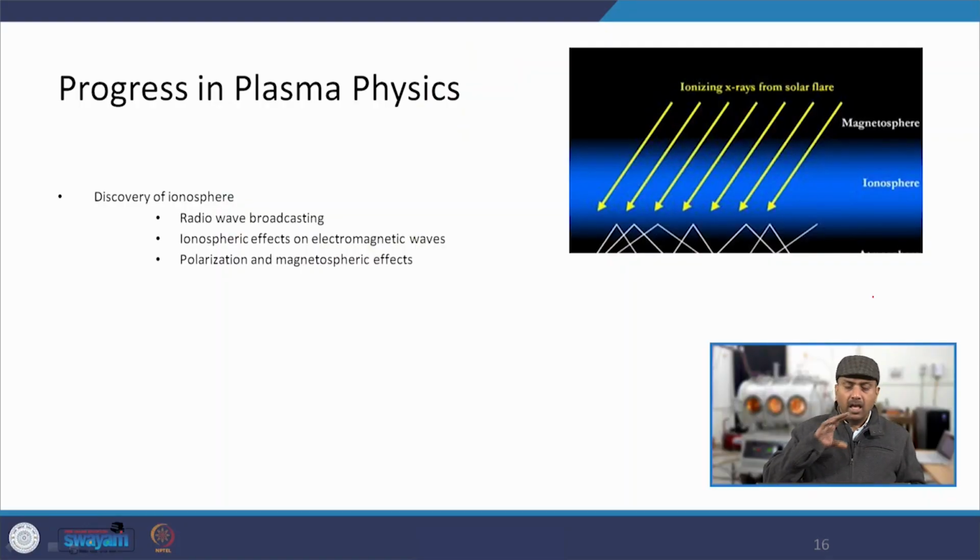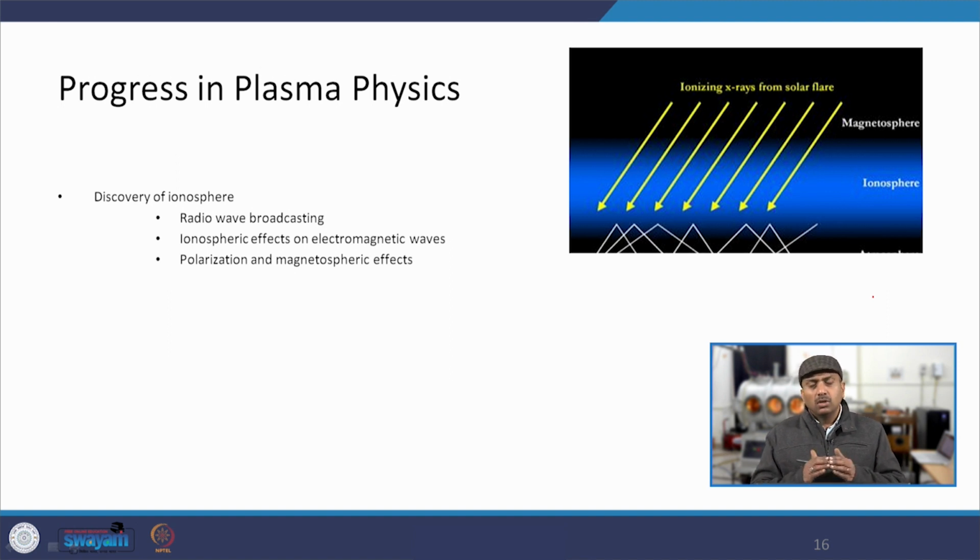In different disciplines, first, the discovery of the ionosphere. The ionosphere is a conducting layer of Earth's atmosphere in which there are a lot of electrons and ions. By having these electrons and ions, this region gets an ability to interact with electromagnetic waves. By means of interaction, it can reflect the electromagnetic wave, it can absorb it, anything could happen.